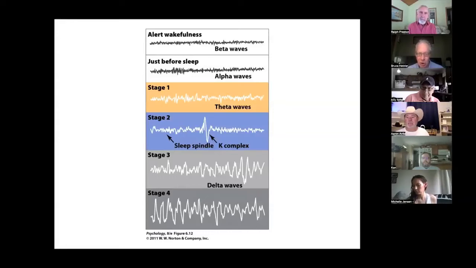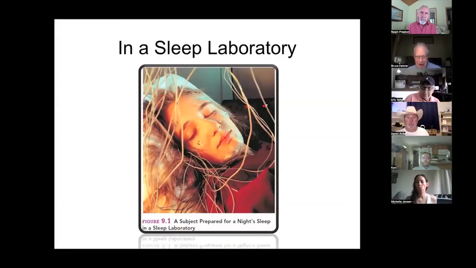And to record all this, you need all these wires. Doesn't that look comfortable? Yeah, I've had 3 sleep studies. So you get all these wires, all these electrodes taped to your scalp and face and so on, and they're attached to a ponytail at the back of your head. I guess it's a little different than Ralph's ponytail when he has long hair.